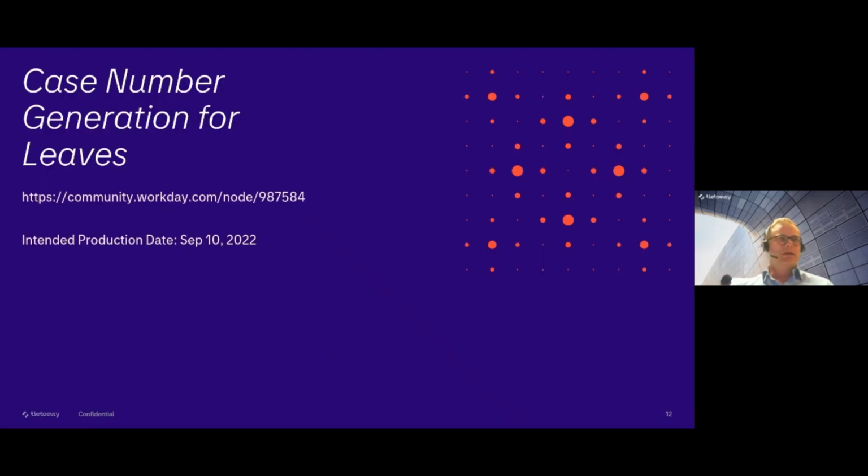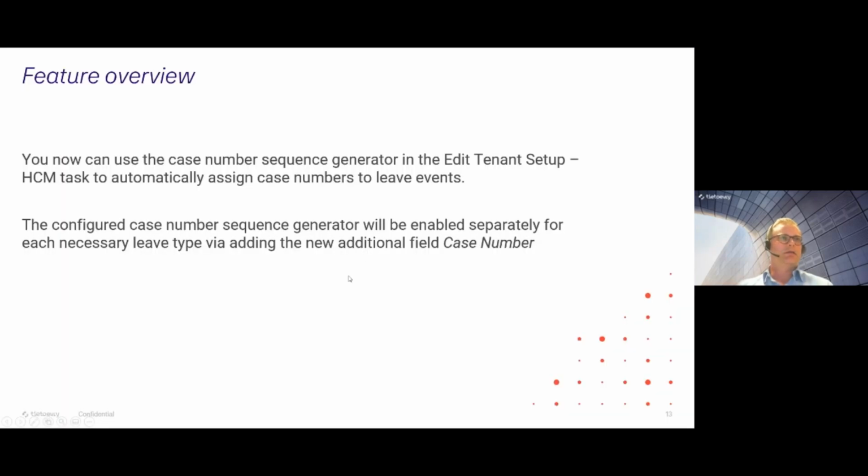All right, so let's go to the next topic, which is the case number generation for leaves. The normal schedule is announced for September 10th in production. The overview here is that you can apply a sequence numbering in your leave events, and this is done in a new area in the tenant setup HCM page.